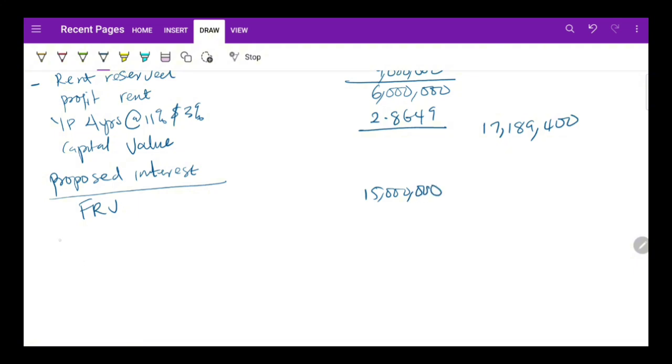Rent reserved, remember the question says that he intends to pay the same rent that he's enjoying now. So the rent reserved is still 9 million naira. So his profit rent will still be 6 million naira.